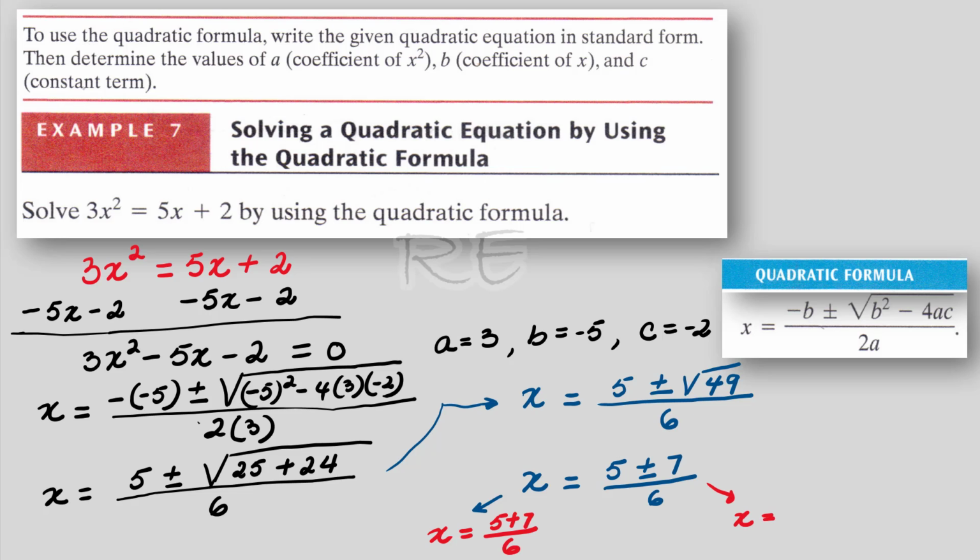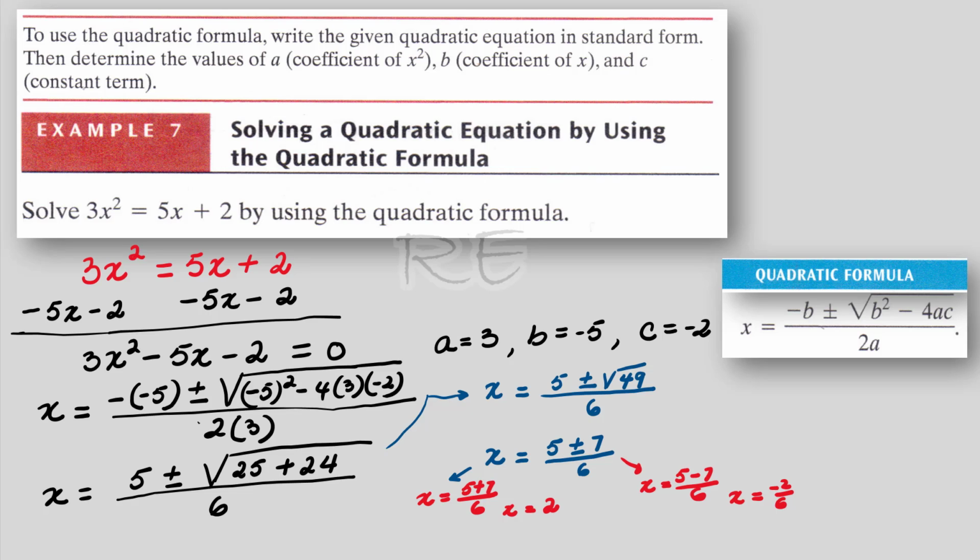The second solution will be 5 minus 7 over 6. 5 plus 7 is 12, 12 over 6 is 2. 5 minus 7 is negative 2, and negative 2 over 6 is negative 1/3. So the solution set is negative 1/3 and 2.